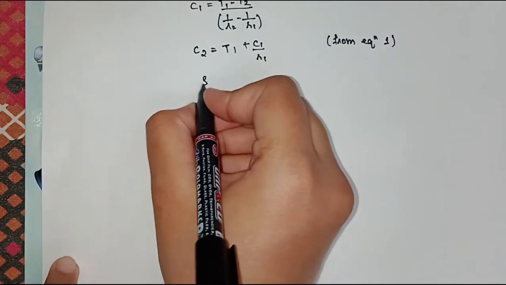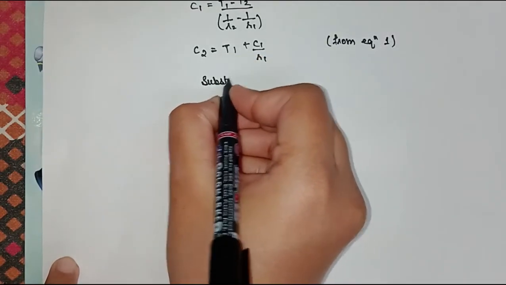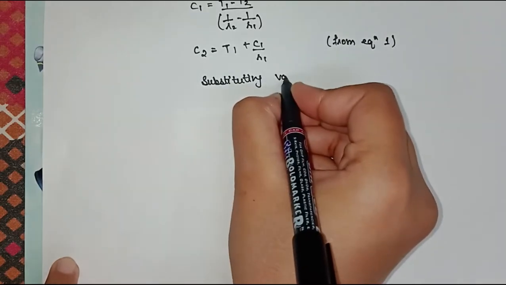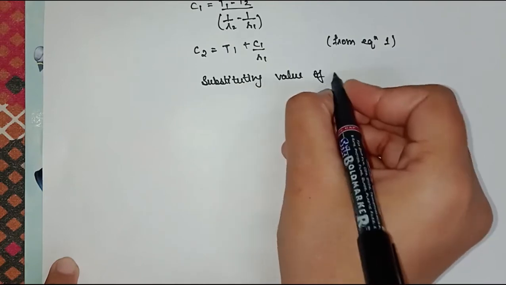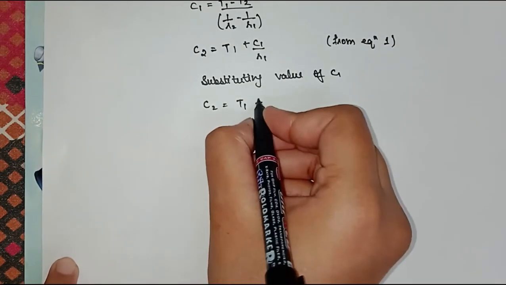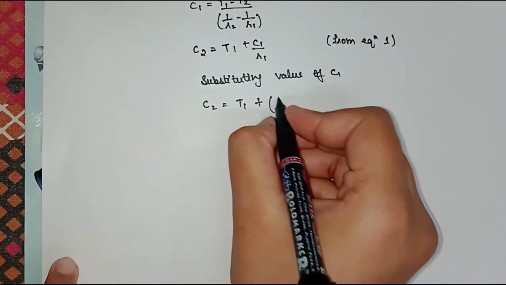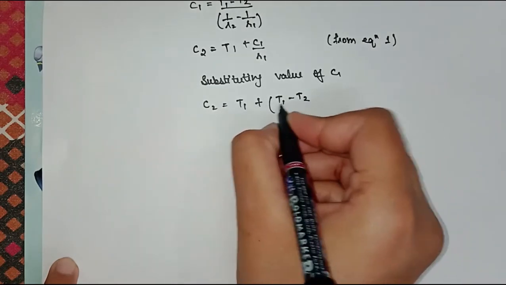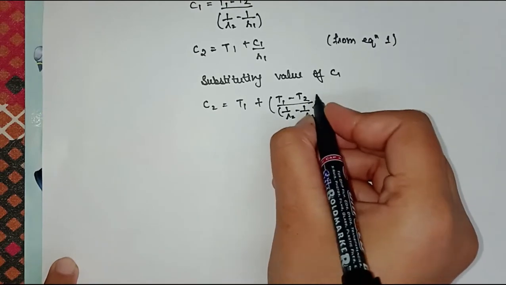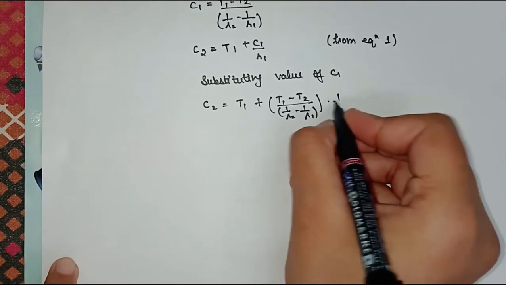Substituting the value of C1 from above, we will get C2 equals to T1 plus T1 minus T2 divided by 1 upon R2 minus 1 upon R1 into 1 upon R1.